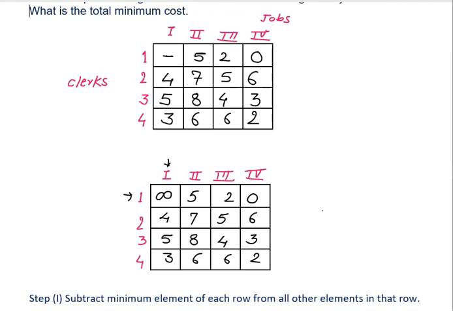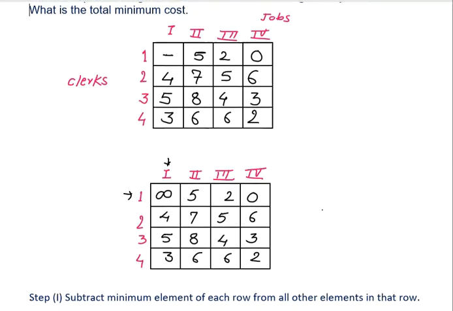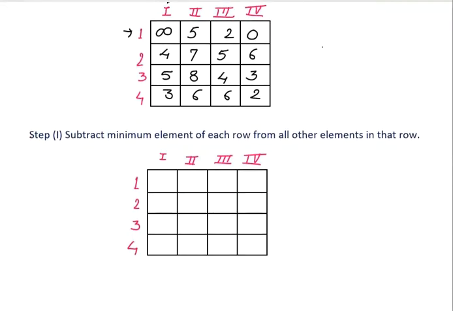Now what is the first step? Subtract the minimum element of each row from all other elements in that row. What is the smallest entry in the first row?